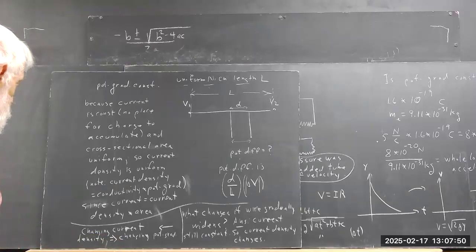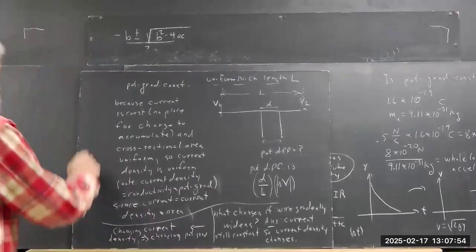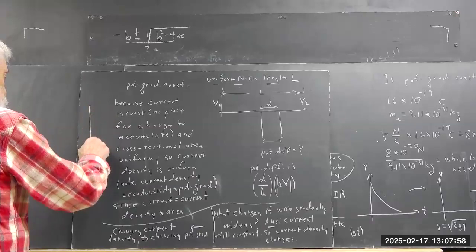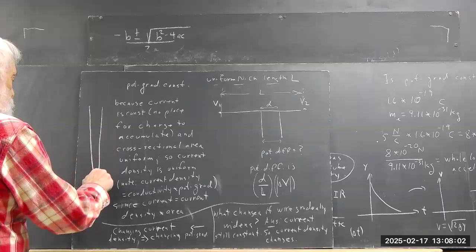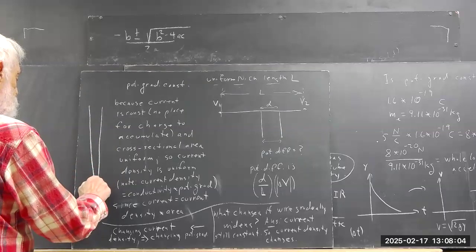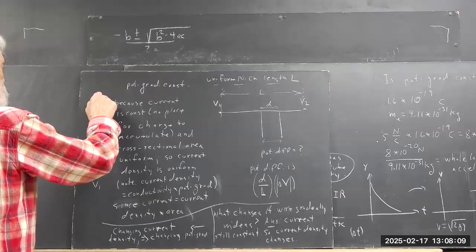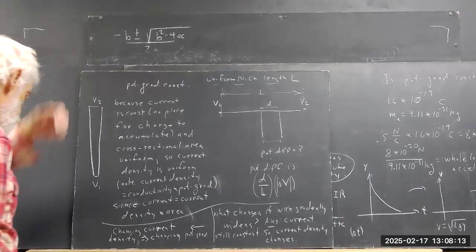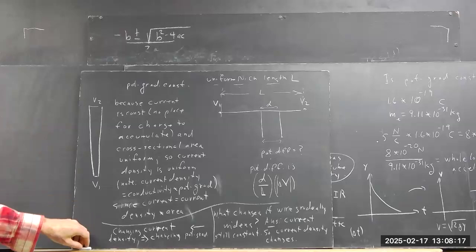Okay. So I don't have much room to draw it. Let's draw a wire from here to here. Okay, wire here where it's V1, here where it's V2. What's the electric field going to look like?